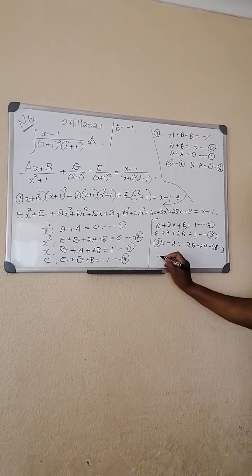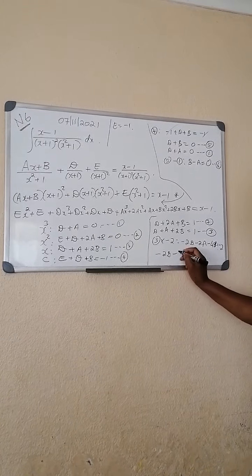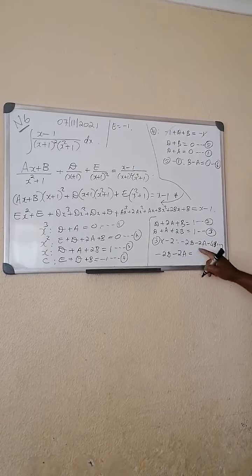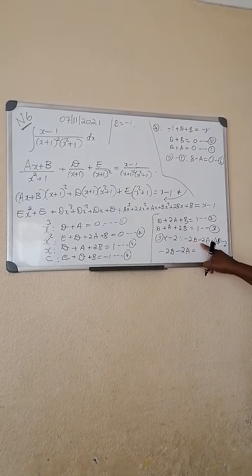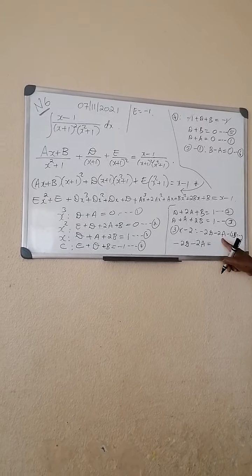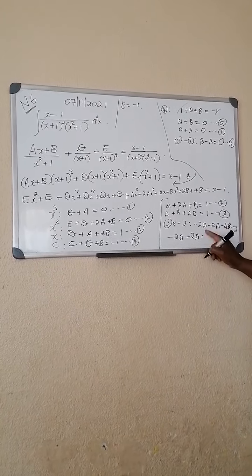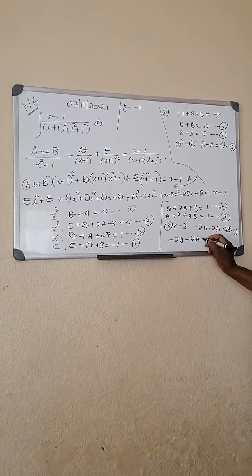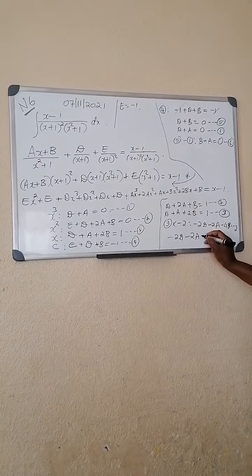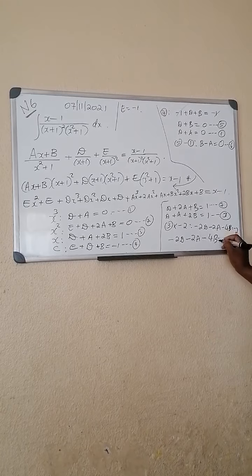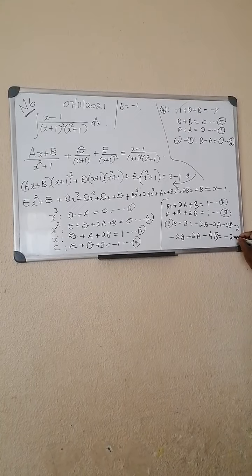So I have minus 2D minus 2A minus 4B equals minus 2.